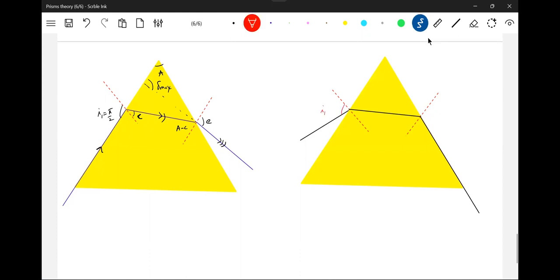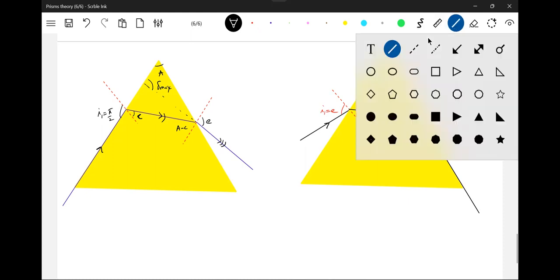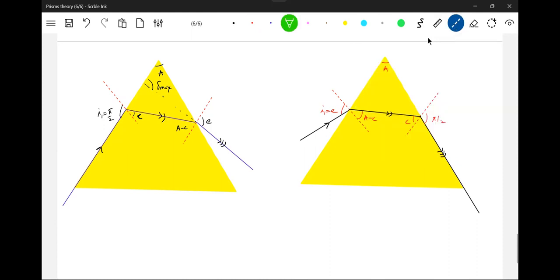The angle of incidence is E. This is the critical angle, here A minus C. This is A. This is 90 degrees. The deviation will be maximum here. So can you show that deviation? You can see this is the deviation.